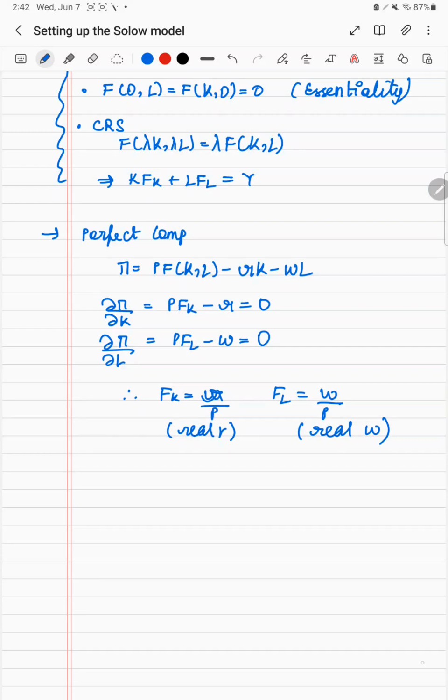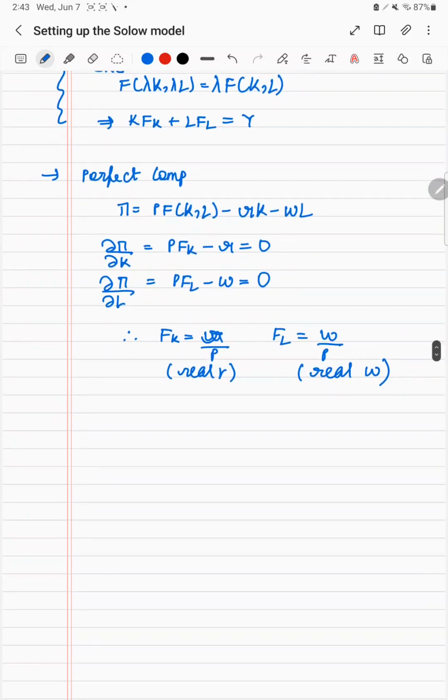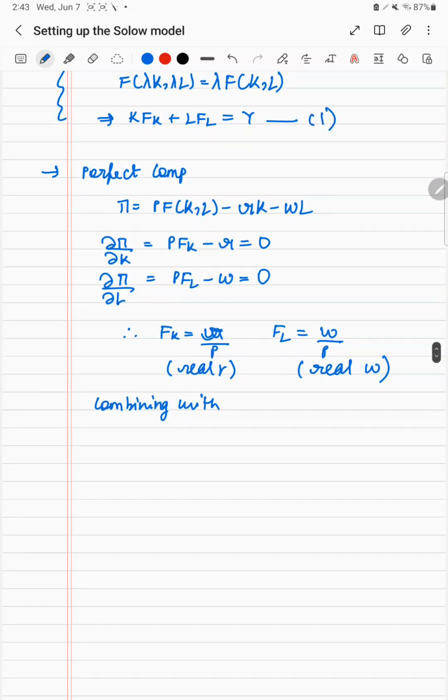The second thing you derive, which essentially flows from this, combine this with this equation. What do you get? Since F_K equals this, you get K R by P plus L W by P equals Y, which implies PY equals RK plus WL, which implies profit is 0.